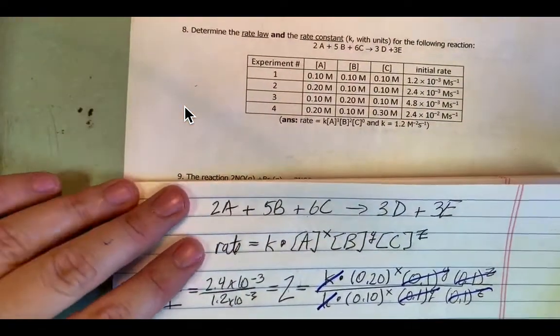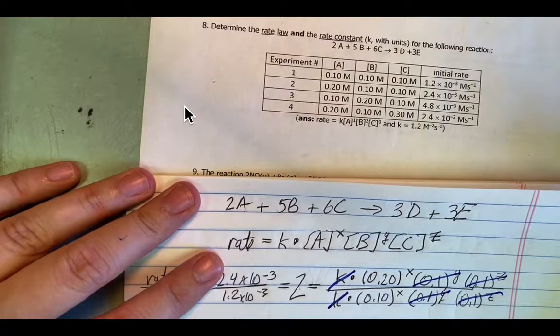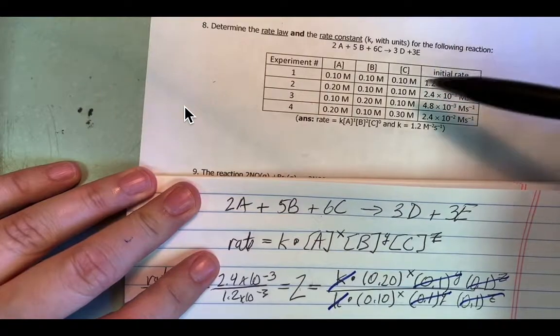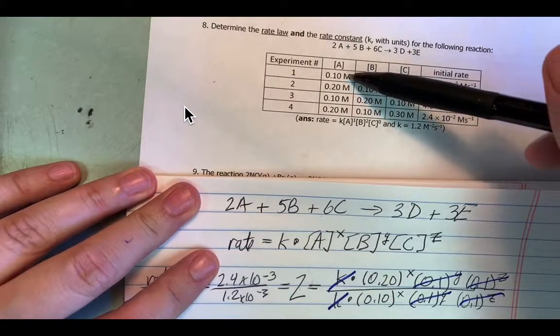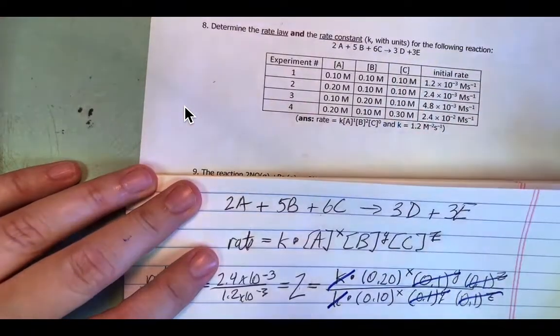All right, going to look back up here at my data. I want to figure out what Y is now. So I'm going to look for trials that only have a change in B. If I compare 1 and 3, A is the same, C is the same, B is changing.